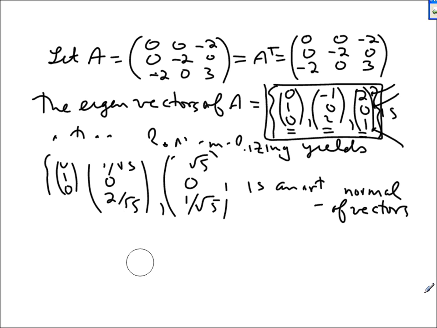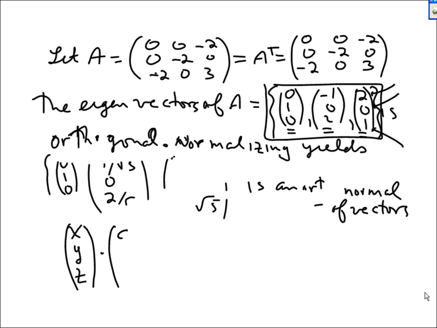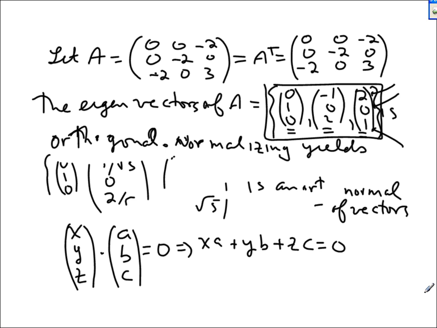First, let me put back what somehow got erased. If you come to know that x, y, z dotted with a, b, c is 0, that means x times a plus y times b plus z times c is 0.